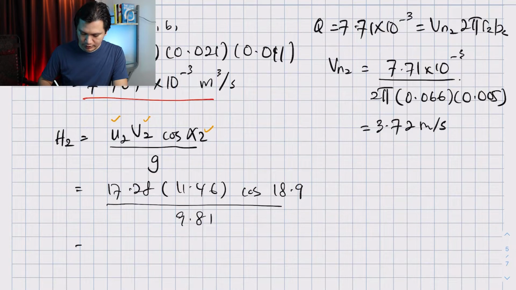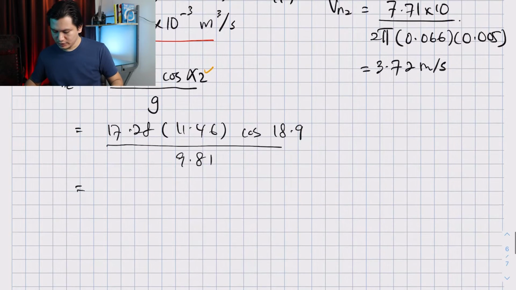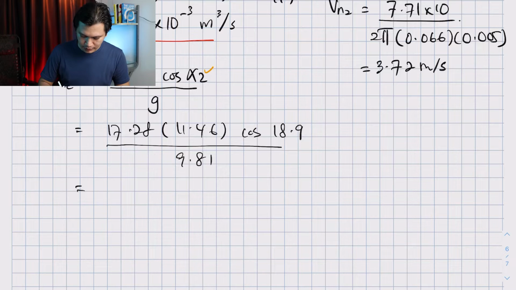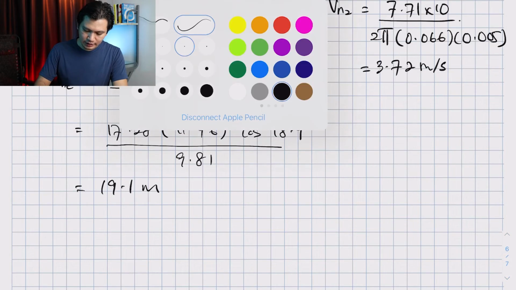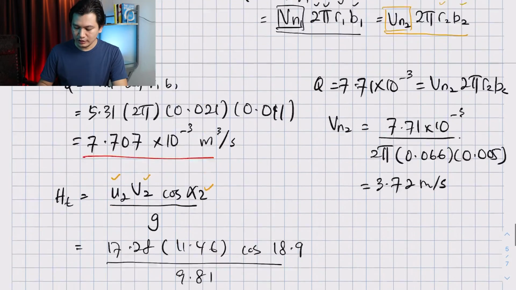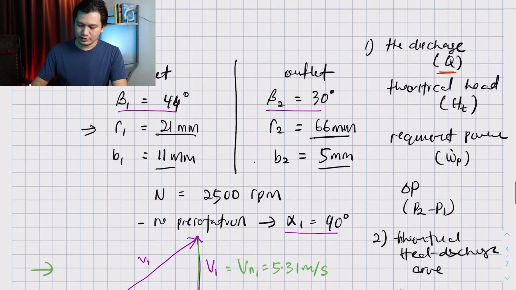So my HT, sorry, this is actually HT, the theoretical head, would be 19.1 meter. The unit for HT is meter. So that's it, guys. Our second answer for the question. So now this is done, and we have also done this HT.